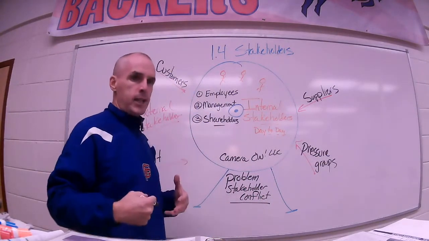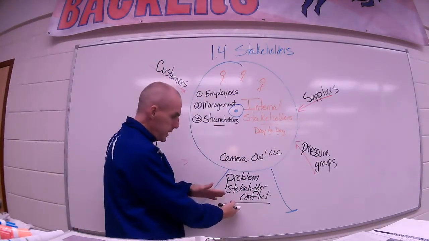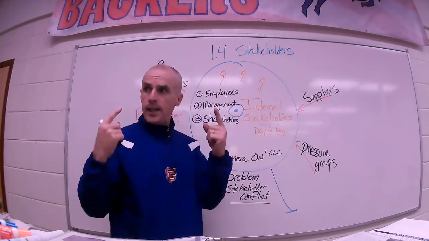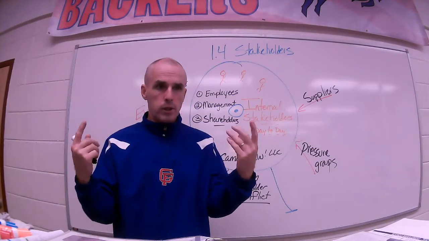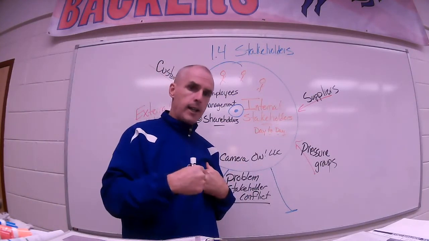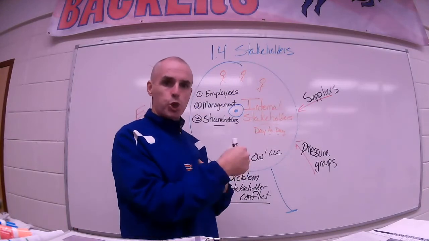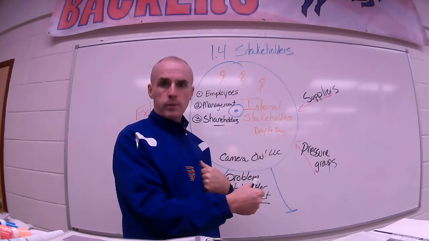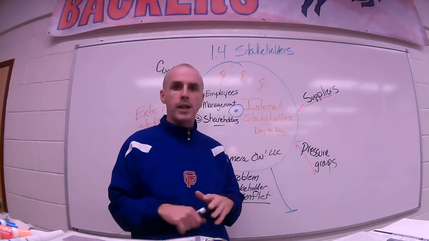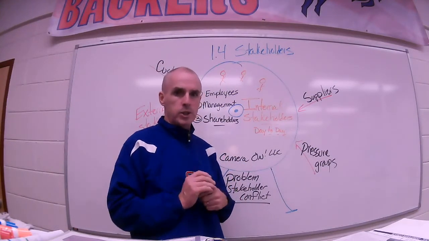And we as managers, we need to make sure that, number one, we identify the two stakeholders that have the conflict, identify what the conflict is truly about, and then develop strategies to reduce or minimize that tension within the organization.